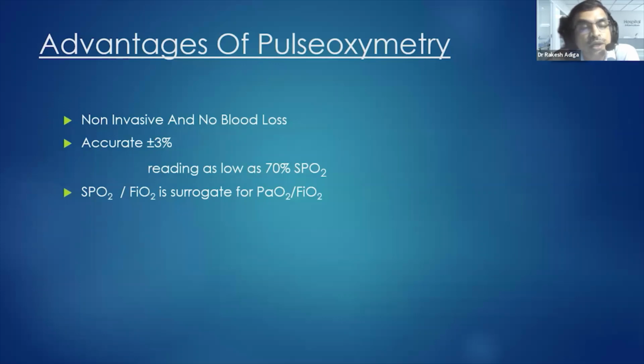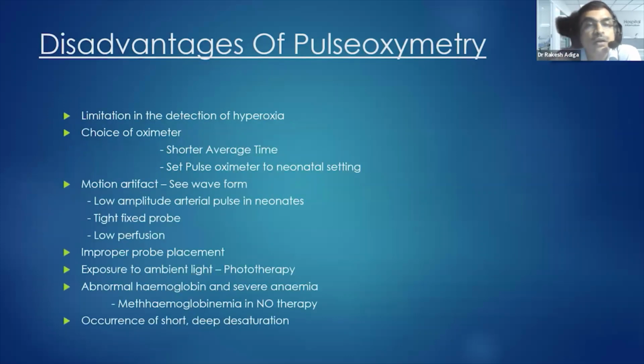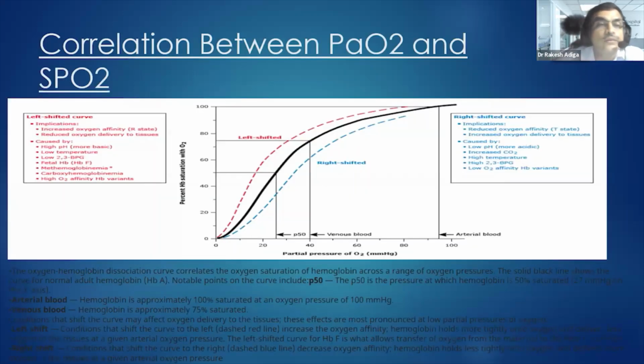Oxygen saturation by FiO2 is a surrogate for partial pressure of oxygen by FiO2. Disadvantages of pulse oximeter: there is a limitation in detecting hyperoxia. See, in this sigmoid curve of partial pressure of oxygen, if it reaches, for example, 98% or above 99%, the oxygen saturation can go above 100.